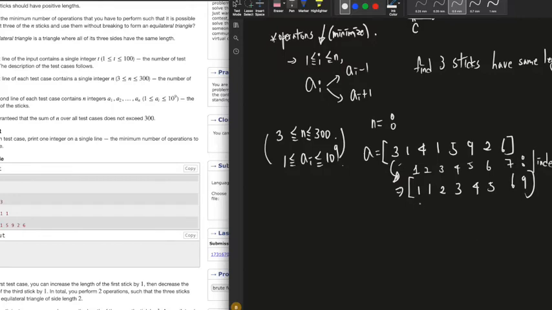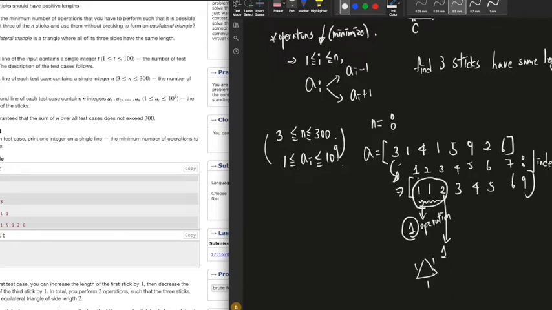So at first we just choose these 3, and to make them equilateral, we only need 1 operation, which is we just decrease this 2 to 1. Then it will be an equilateral triangle. Then for this subset, we only need 1 operation, right? And then we just need to go through all the way up to n.